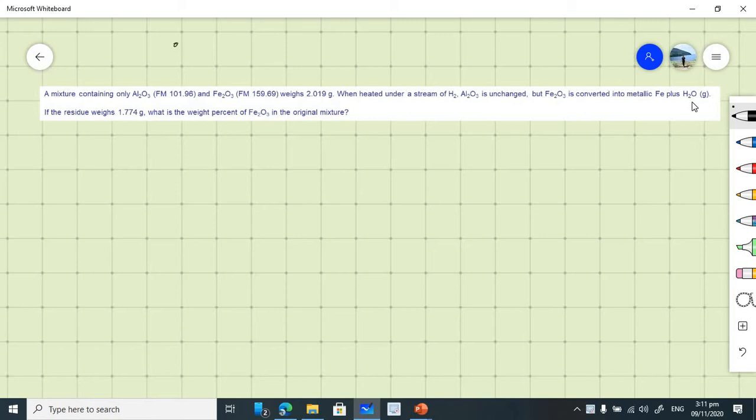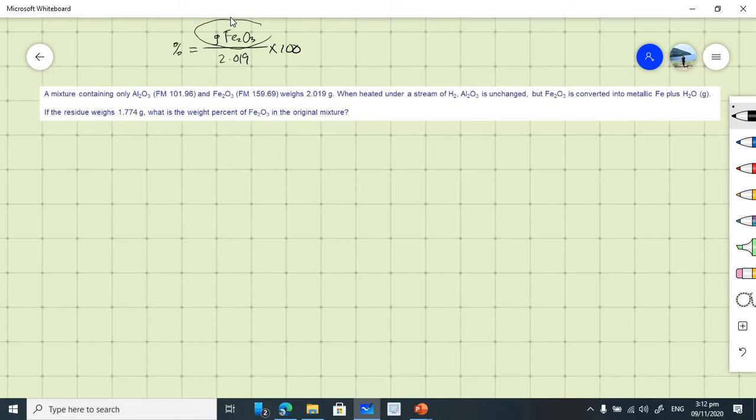So that means we need to find the grams of Fe2O3 over 2.019 times 100. So this is what we need to find. Okay? So we're told that the mixture only contains aluminum oxide and ferric oxide.